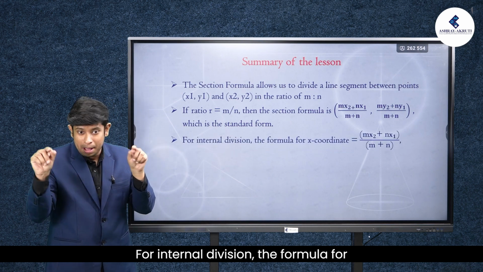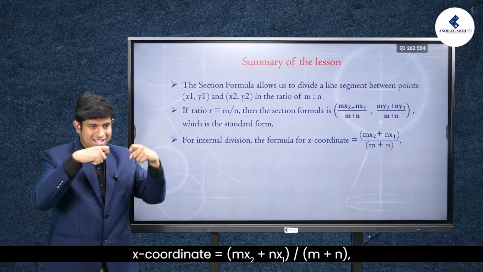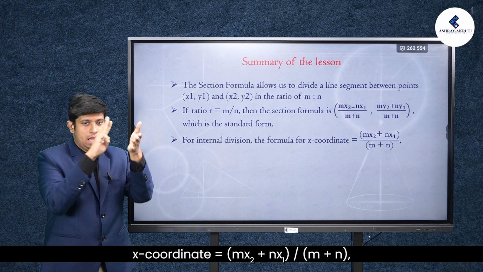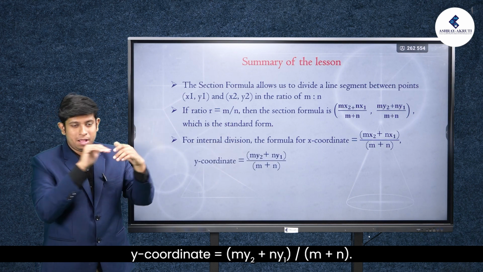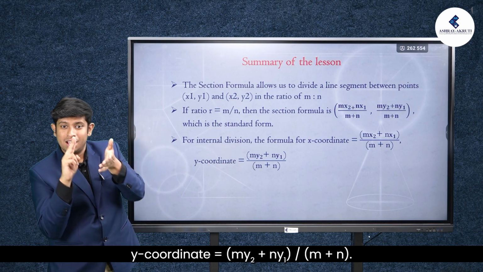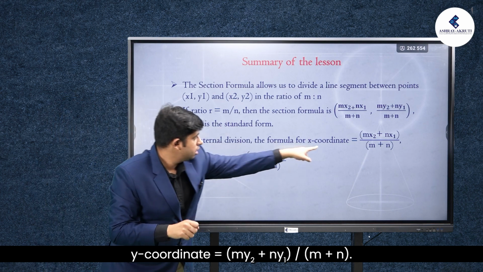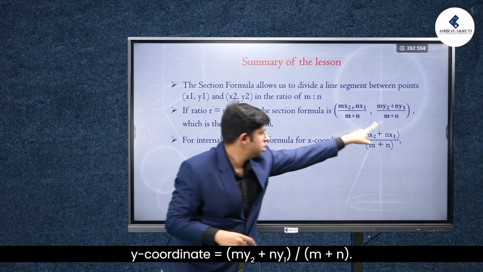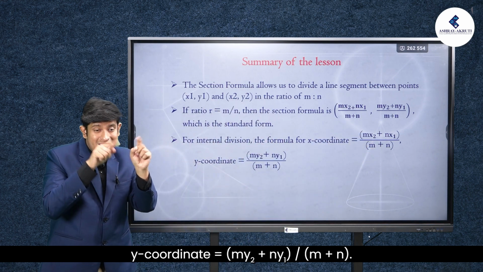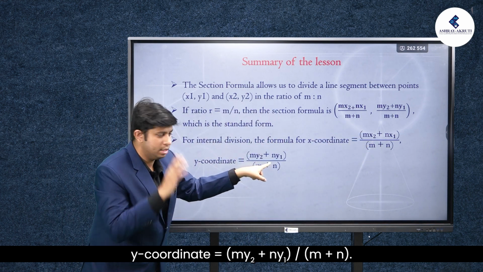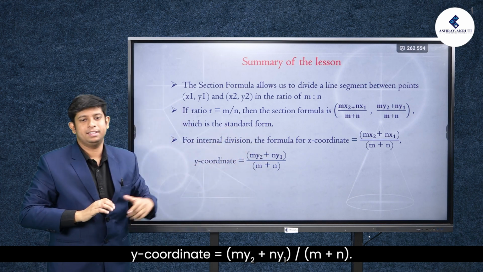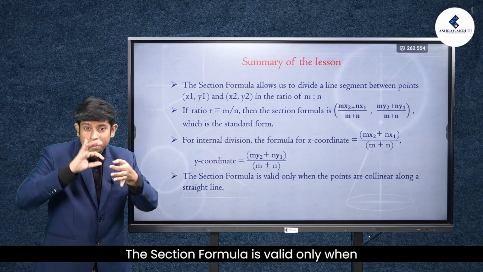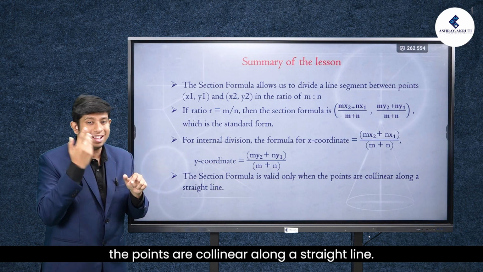For internal division, the formula for x coordinate is equal to (mx2 plus nx1) by (m plus n), and for y coordinate (my2 plus ny1) by (m plus n). The section formula is valid only when the points are collinear along a straight line.